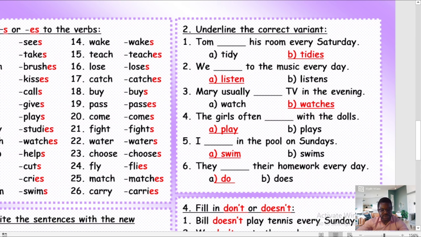He wakes up at 7 a.m. every day. Teach, teaches. With ES, because when the verb ends in CH, you add ES. Lose, loses. Catch, catches. ES because of CH. Buy, you check again, U is a vowel.